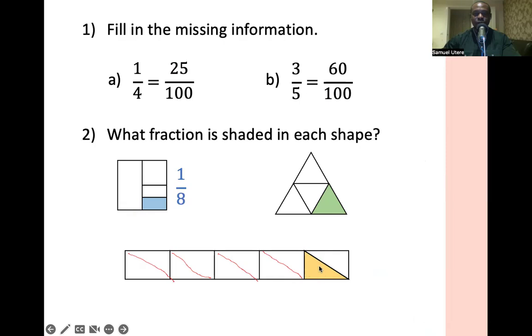So 10 parts, but one part is shaded, so your answer should be 1/10. Okay. All right. You can mark your work and celebrate your success.